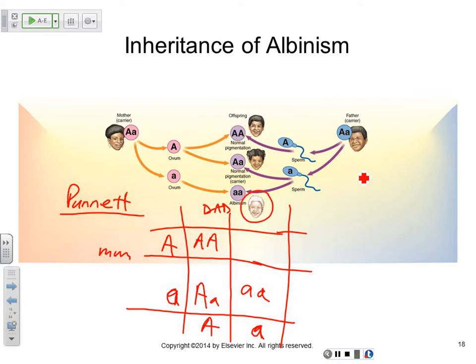all right? And then a and a. So you have a quarter albino, that's the frequency, or 25% will be albino, and then 50% will be carriers, normal carriers, right?